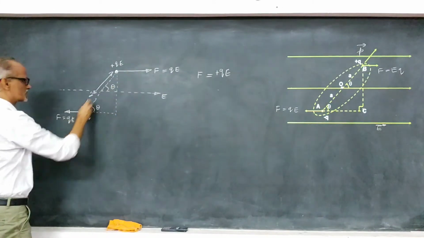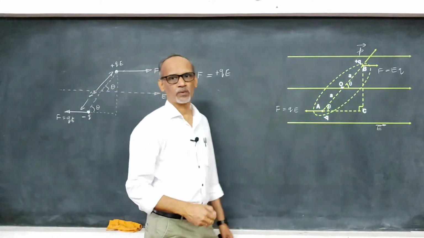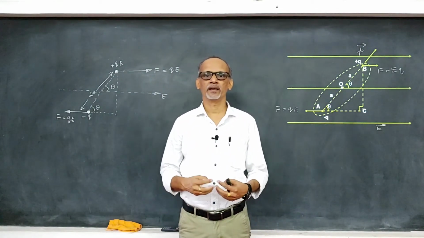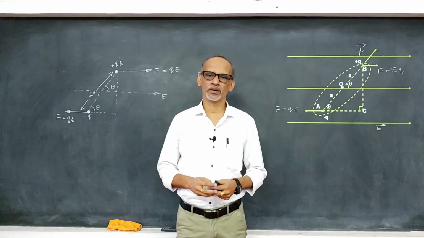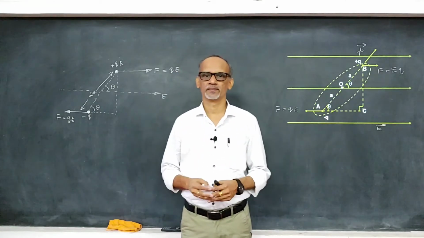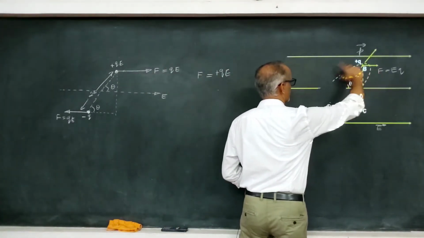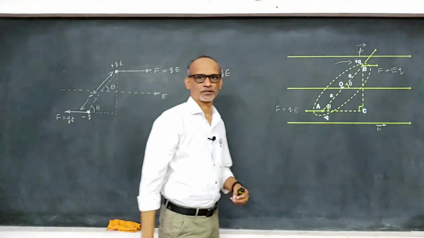These two forces represent equal, unlike parallel forces, which represent a couple. And whenever a couple acts on a body, it always rotates the body. So this force tends to rotate the dipole in the clockwise direction.